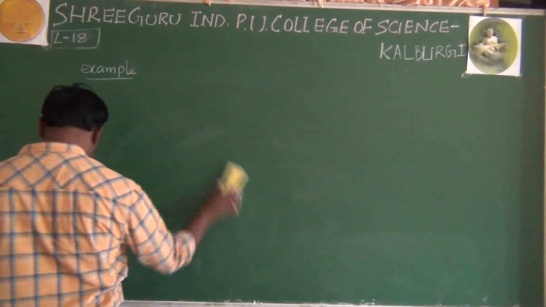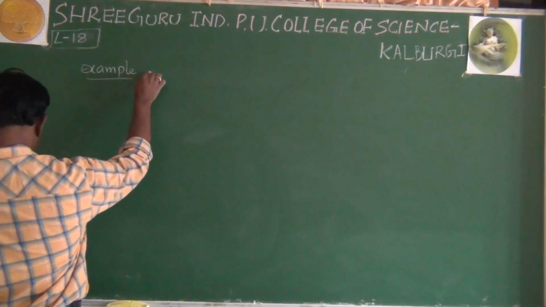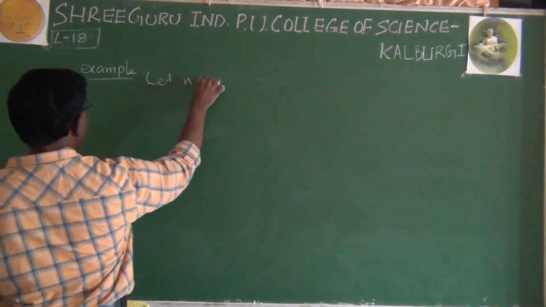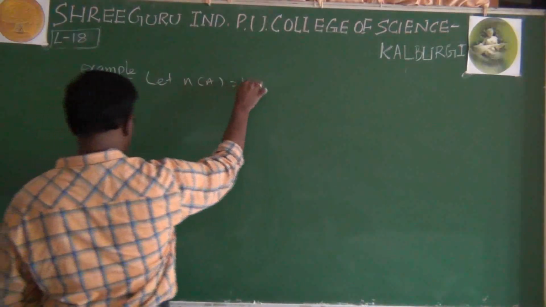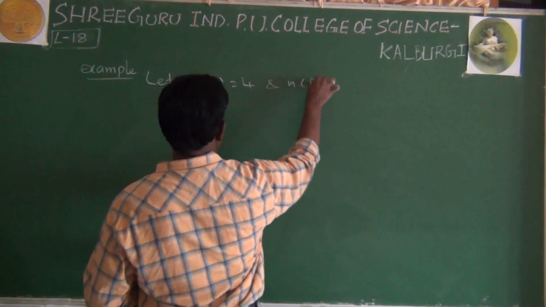So, last one more question. Let n of A be 4 and n of B be 5.